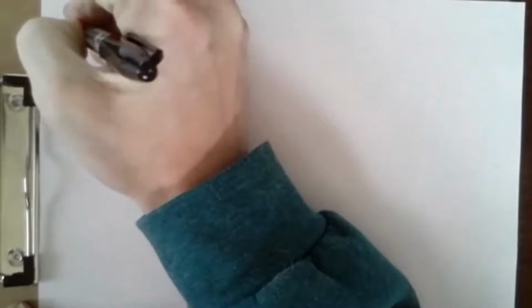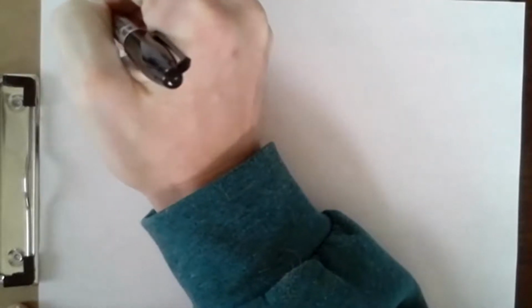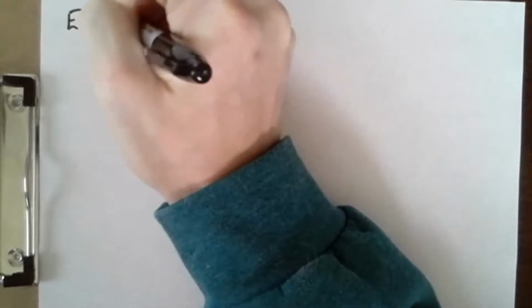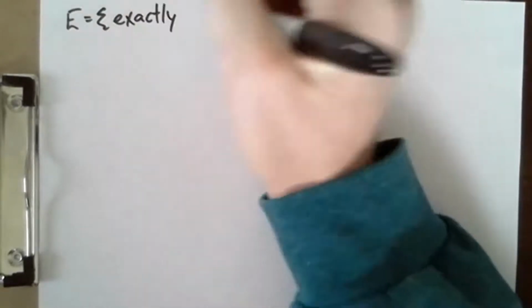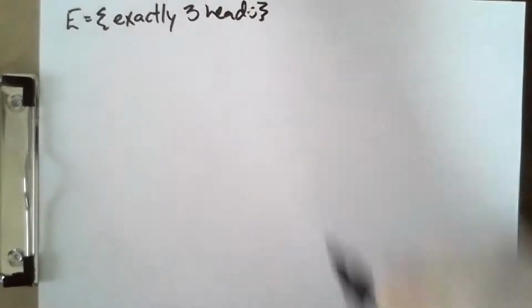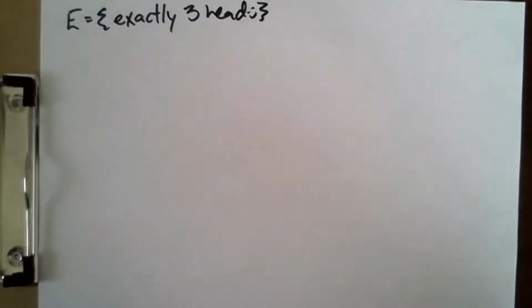So E is exactly 3 heads. There are 6 choose 3 ways of doing this.